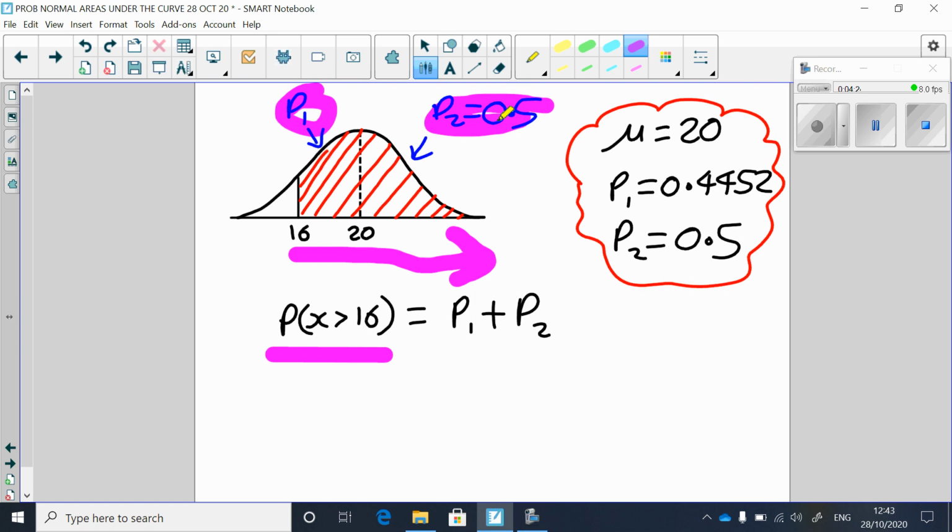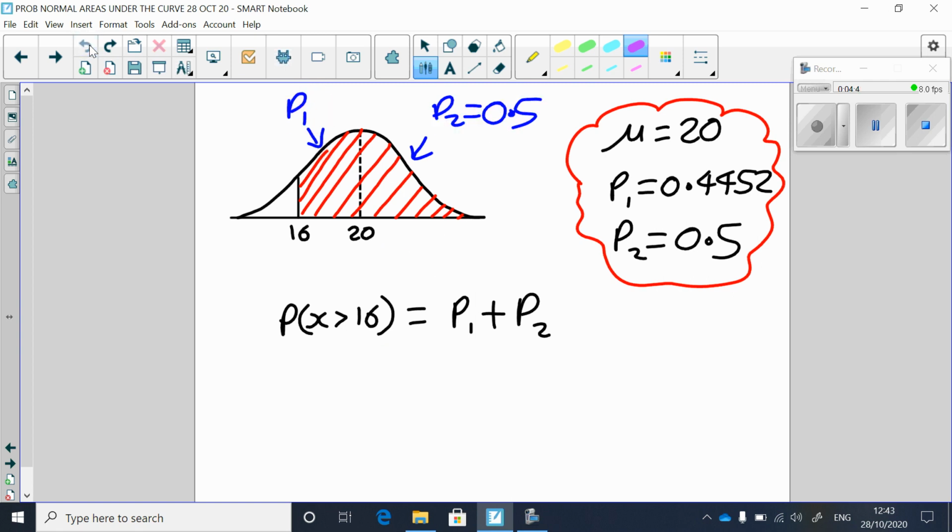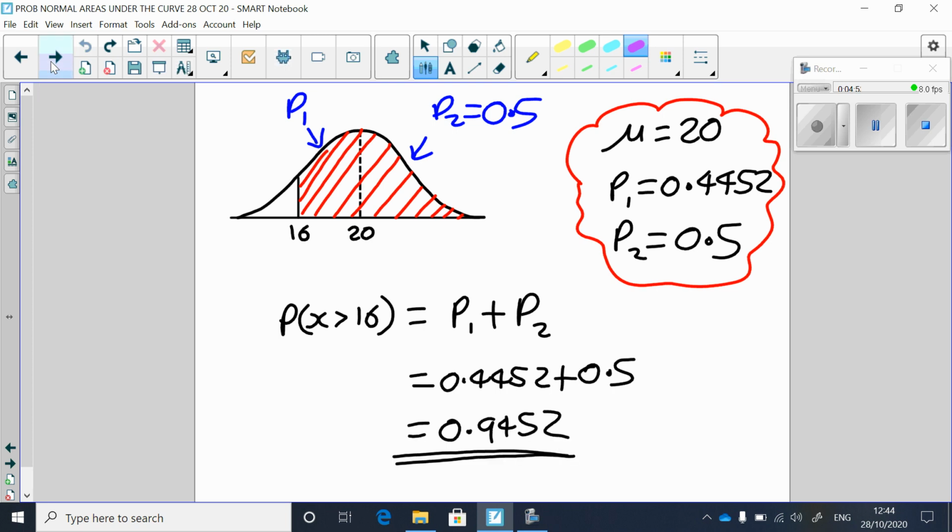If you're looking at two regions either side of the mean, you must add both of those. So it's just going to be P1 and P2 here. P1 came from the table, and P2 is half the area under the curve. We add those together, and there's your final probability.